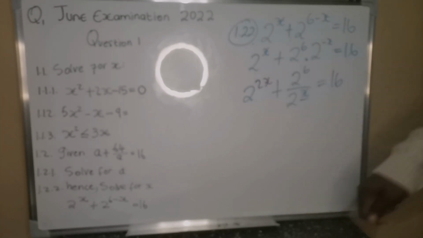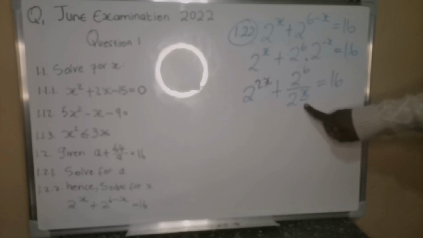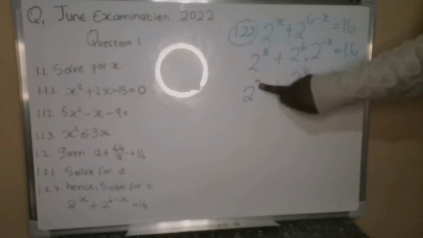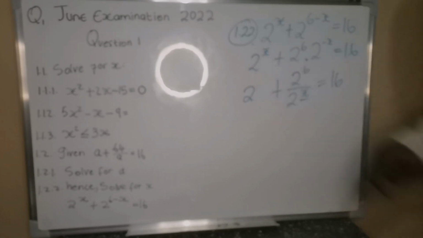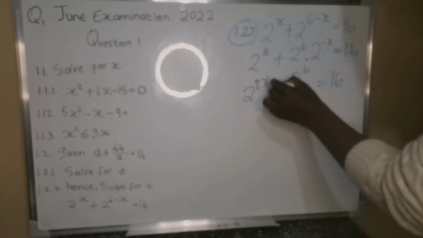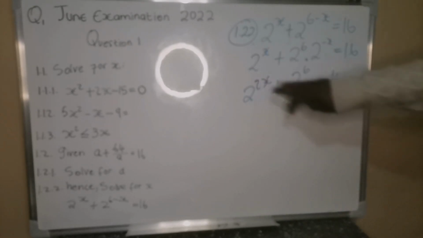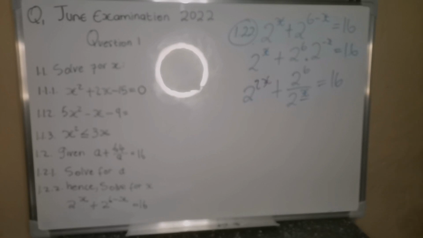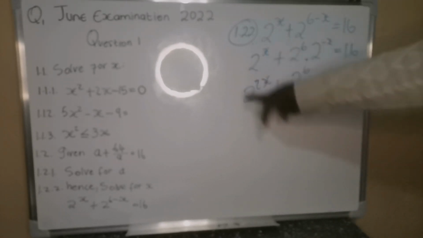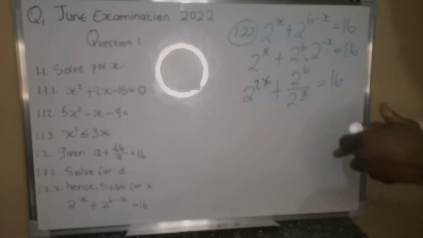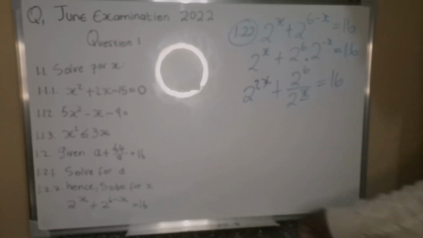You will apply the K method and say, let K be equal to 2 to the power x, and solve for x. It will be simple. If you want me to solve this type of question, please comment on the comment section or on my personal account. I will help you simplify this type of question. You might come across it on Friday, we don't know.